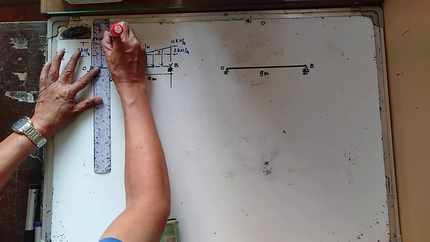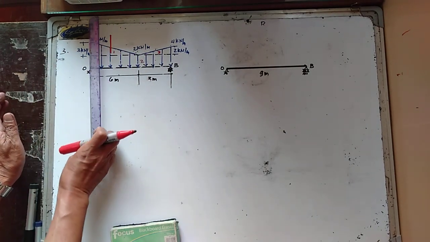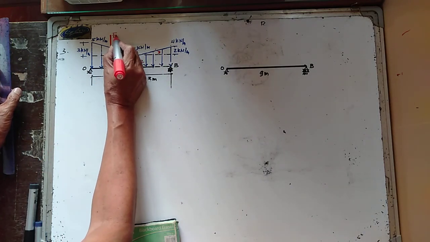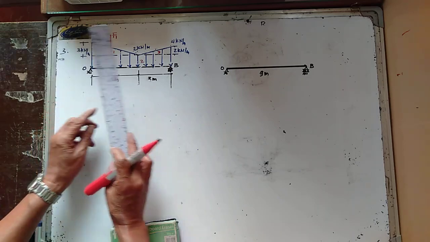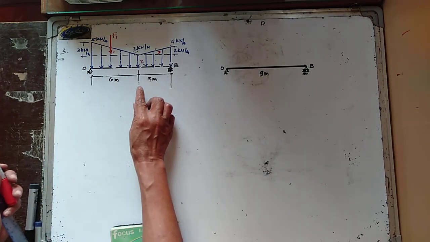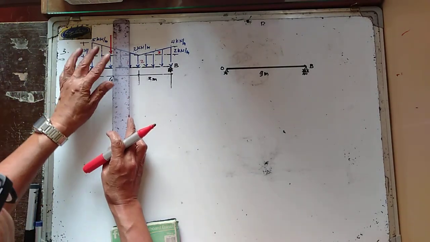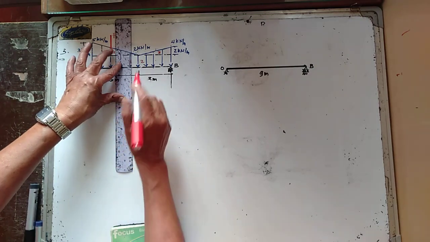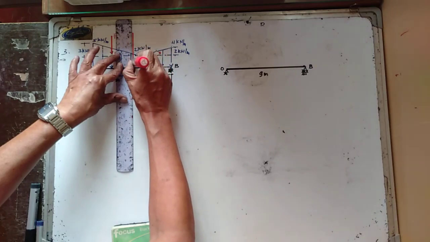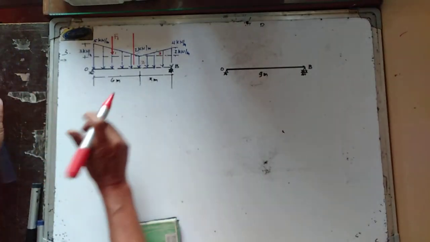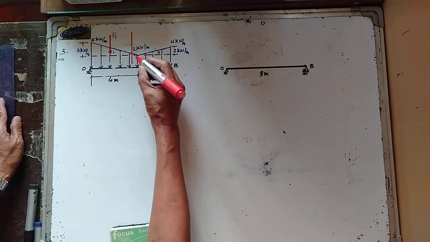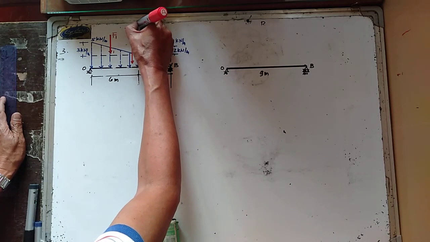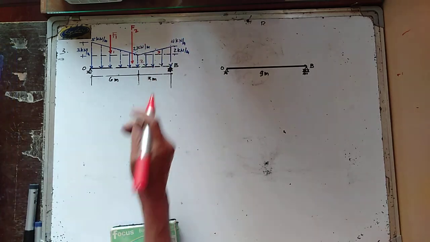So this is the equivalent resultant force of the first area, and this is now your F1. So we have the equivalent resultant force of area 2, and I'm going to consider that as F sub 2.